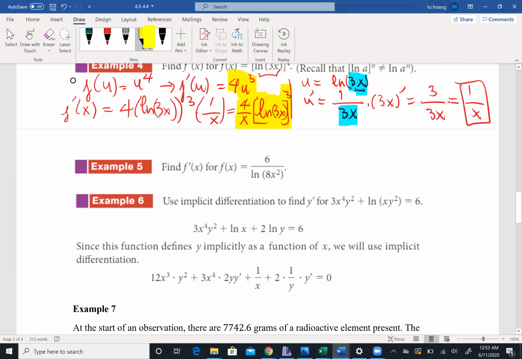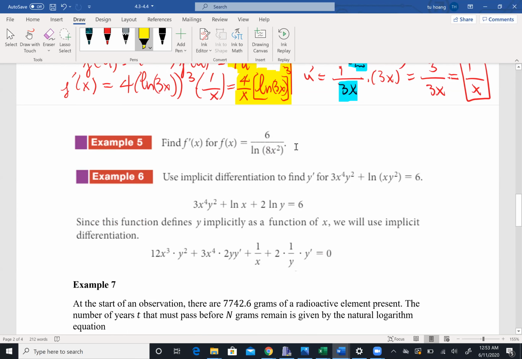Okay, now I would like to talk about example 5. This also has a composition of natural log. And the problem right now is the natural log is under the denominator of a fraction.